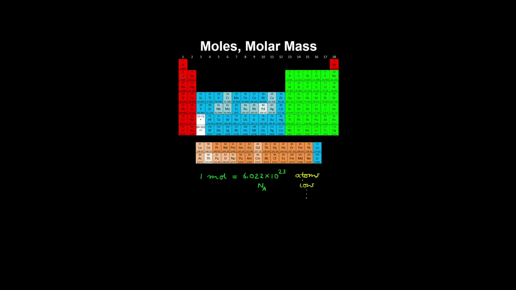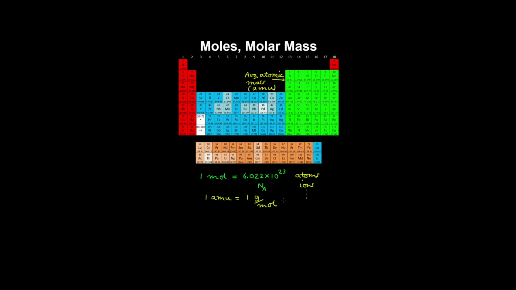In the periodic table, the average atomic mass is provided, and that's in atomic mass units. And 1 atomic mass unit is the same thing as 1 gram per mole, which we'll show in a subsequent video.